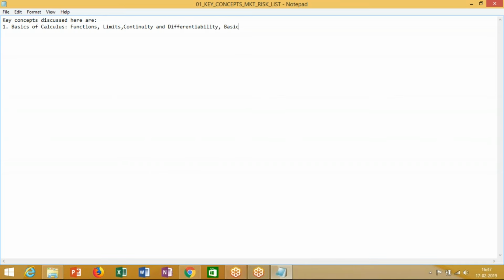Then basics of optimization using calculus. So when I talk about the basics of optimization using calculus, following are the things that I usually refer to.